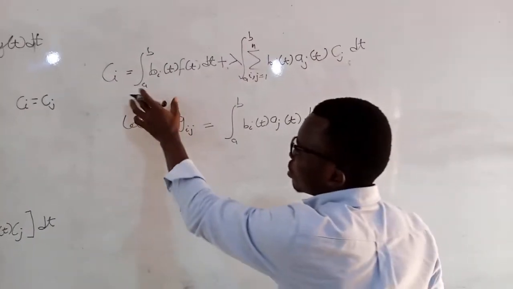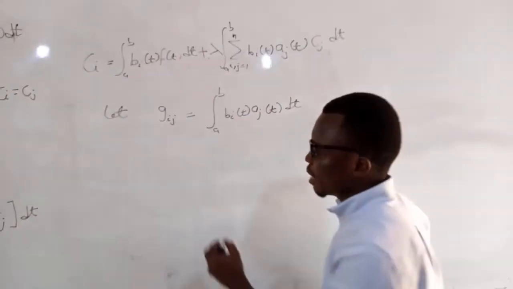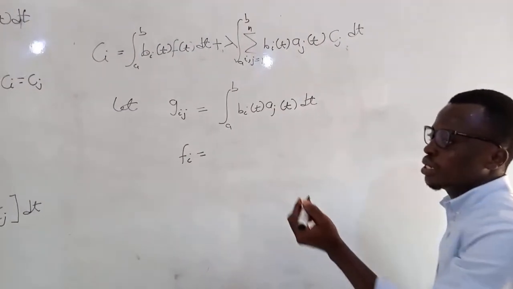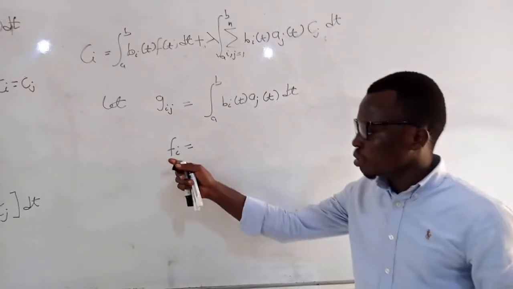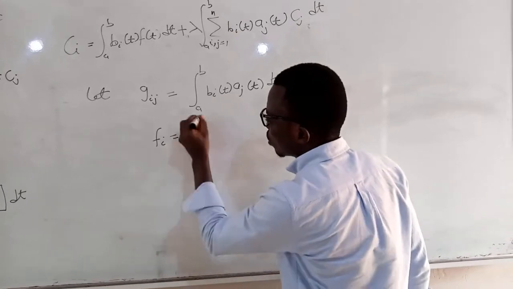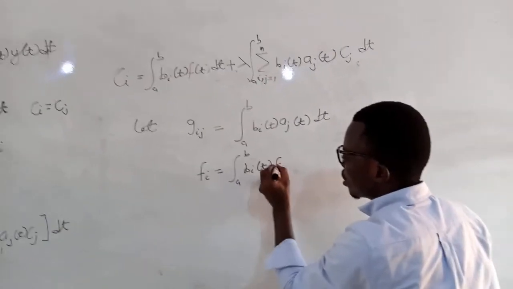Then let's let this term to be equal to fi. Let's represent it by fi. Fi is a vector in a tensor form. So here becomes integral of a to b, which is the first term, bi of t, f of t, dt.